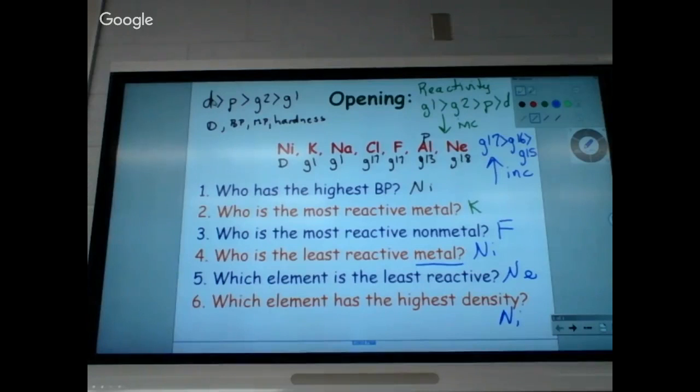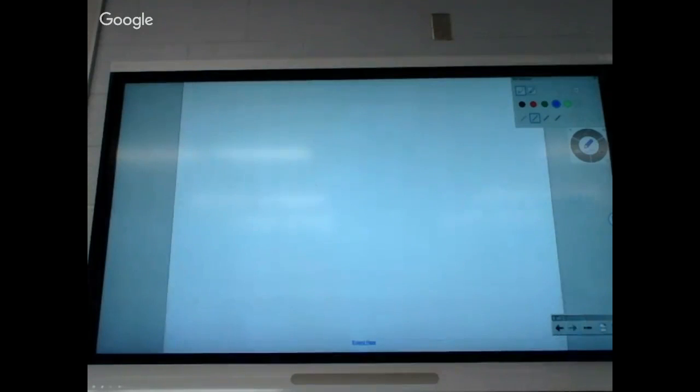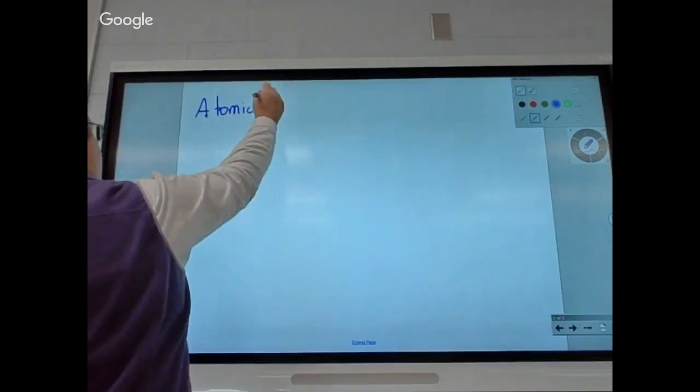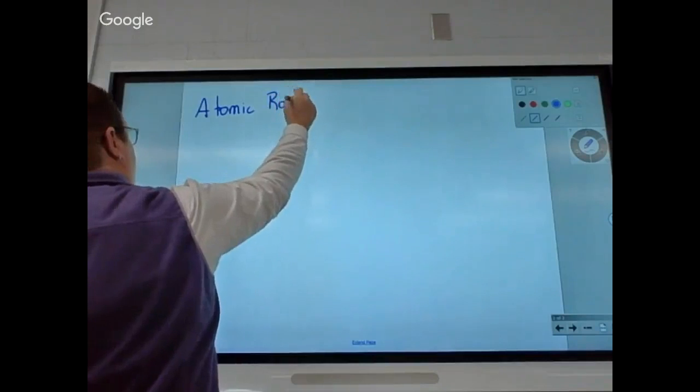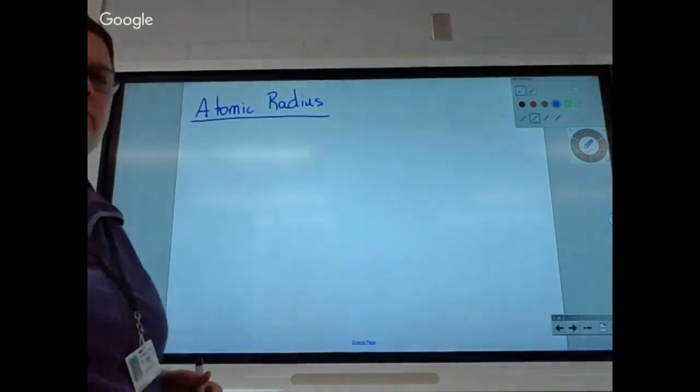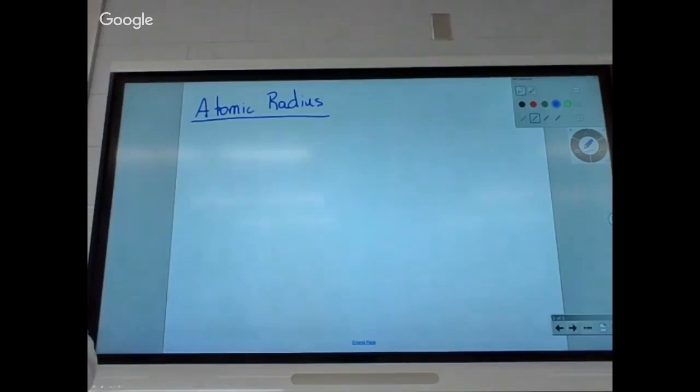All right. Let's talk the remaining 4 trends. So that's 3 that we did. So we've got 4 to go, and we'll have all 7 done. We're going to do atomic radius first. Now, atomic radius.